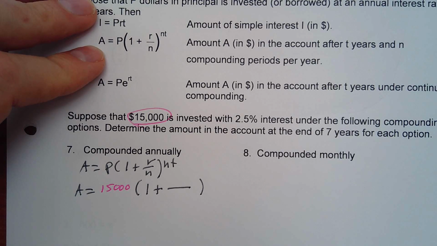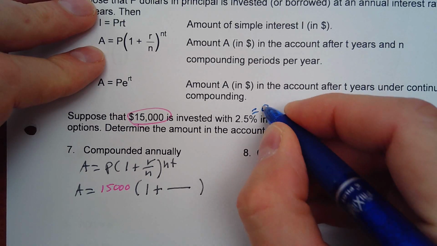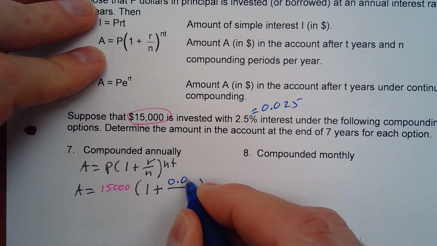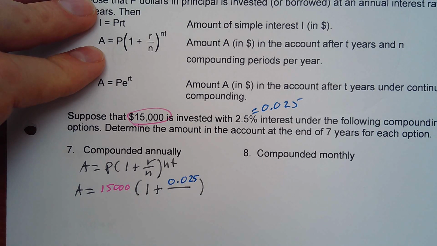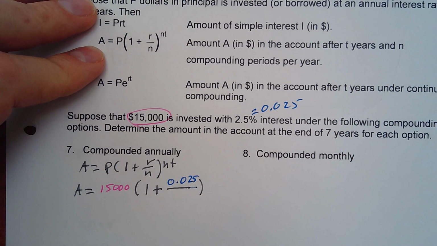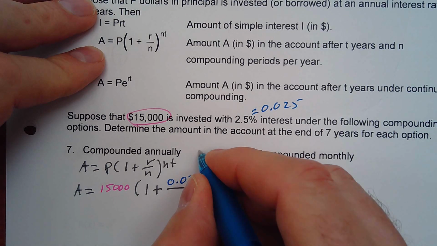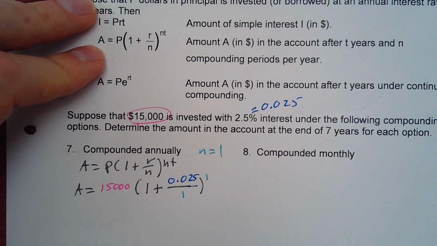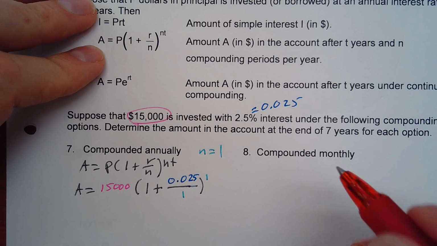My percentage here, 2.5%, I need to write that as 0.025. So I'm going to plug that in here. Here n is 1 because it's annually, so I put a 1 here and a 1 here. And then my time here is 7 years.